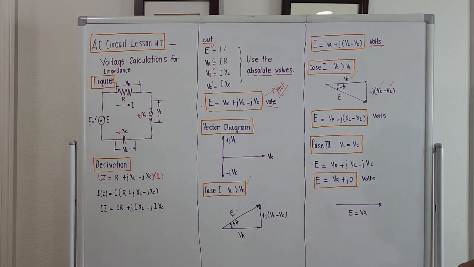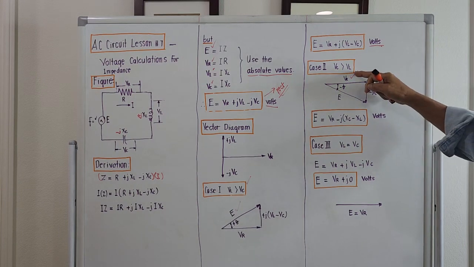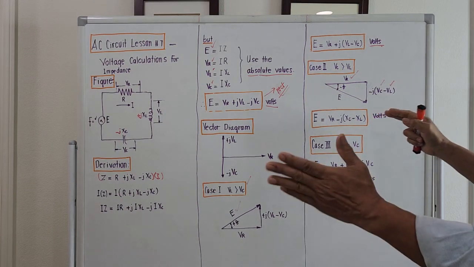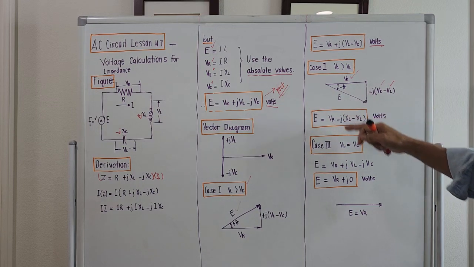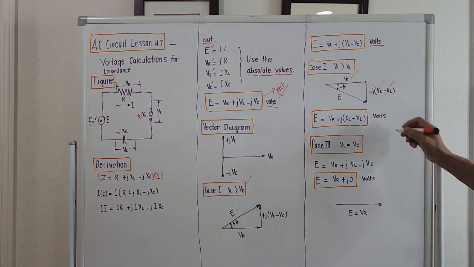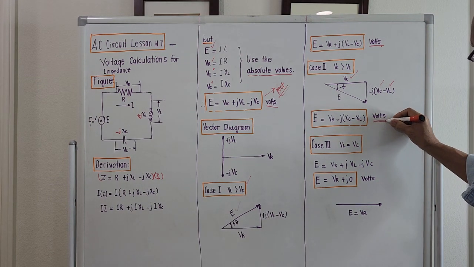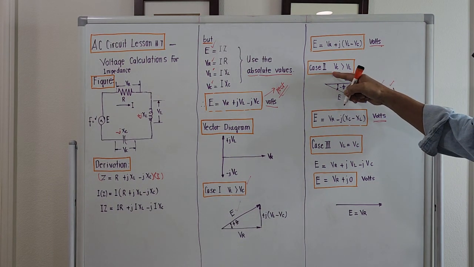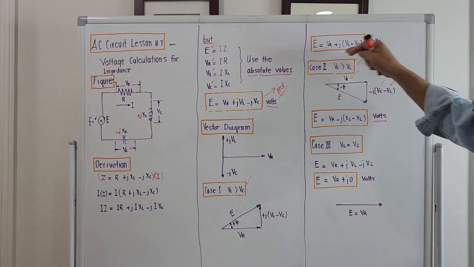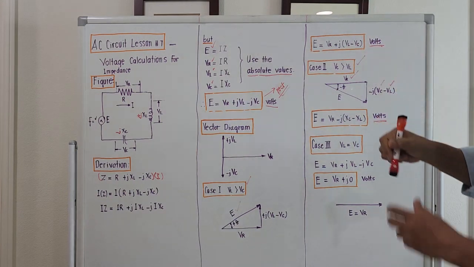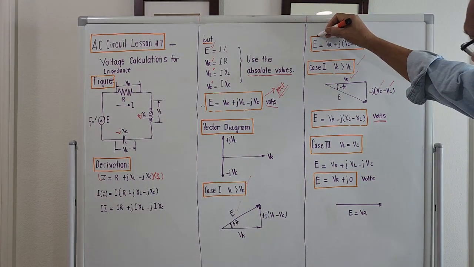And the voltage of the source will be the vectorial sum of V sub R plus this. So the resulting equation will be E equals V sub R minus j times the quantity X sub C minus X sub L volts, with the given condition V sub C is greater than V sub L. So we are adding these voltages vectorially to get the applied voltage.